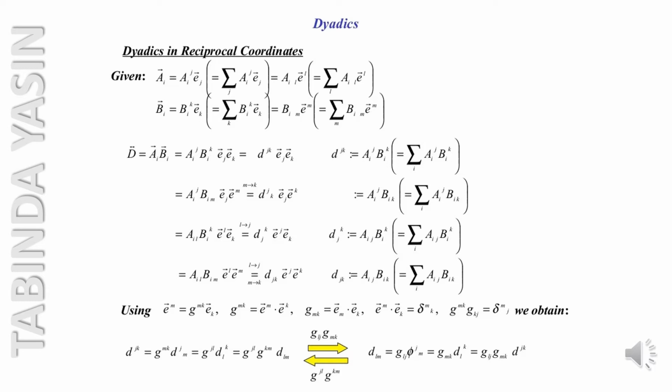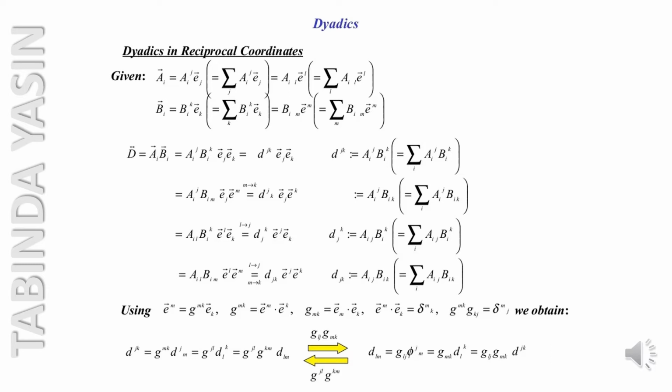So we are using here the unit vector em, that is equal to gmk ek. gmk is em dot ek, and e power m dot ek is delta mk, and g power mk with subscript is delta mj.